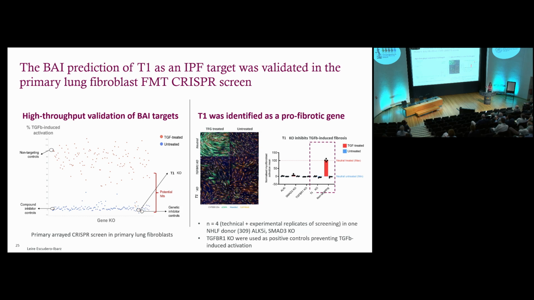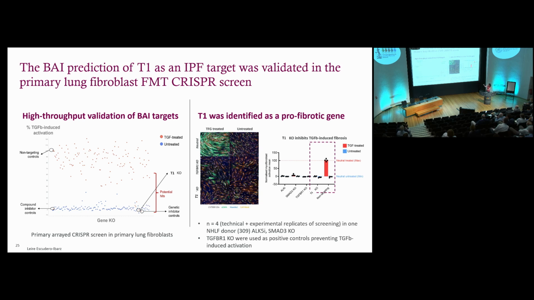So again, this was the first step, the computational method. Now the experimental validation comes, and that's where the real power lies. Given that the indication that we focused on was idiopathic pulmonary fibrosis, we validated our hits in a lung fibroblast CRISPR screen, where we look at TGF beta-induced fibrosis. If we have a look at the plot on the left, the different dots represent the different gene knockouts.